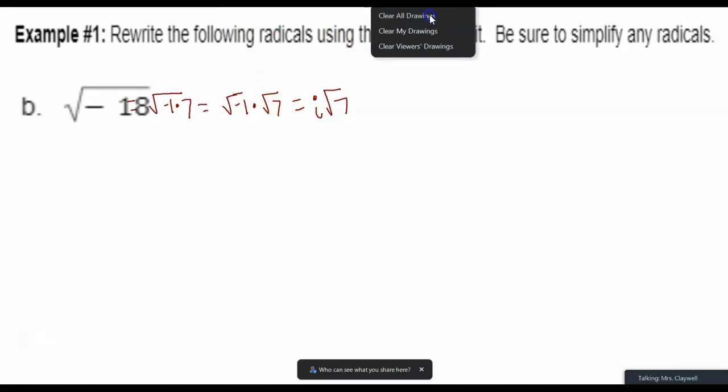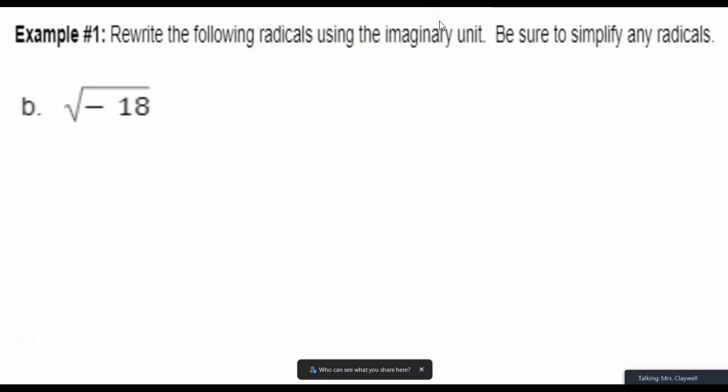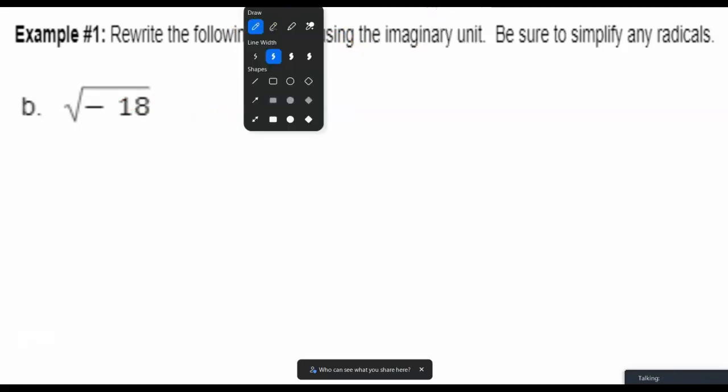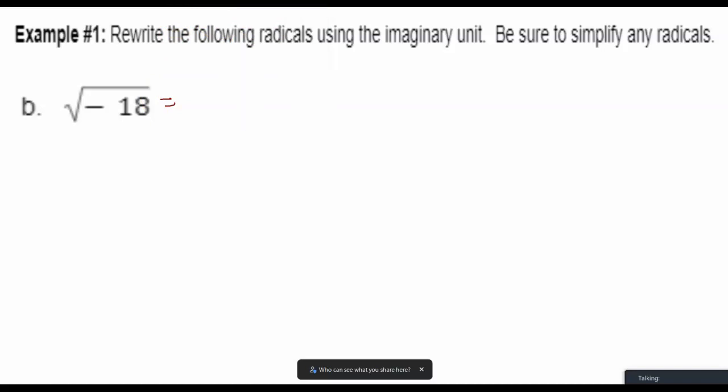If we look at what this became for B, I can write this as -1 times square root 18. It depends on how you learned to simplify radicals.